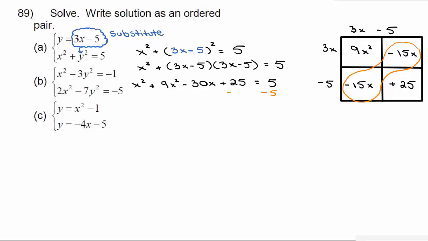These x squareds can be combined. Oh, I could also move this 5 over. Sorry, it's positive 5, and I'm moving it as a negative. The reason I'm moving it over is because I have a quadratic equation. And whenever you have a quadratic equation, your goal is to set it equal to 0 and then solve it. Oops, I forgot the x on that 30. Let me go back.